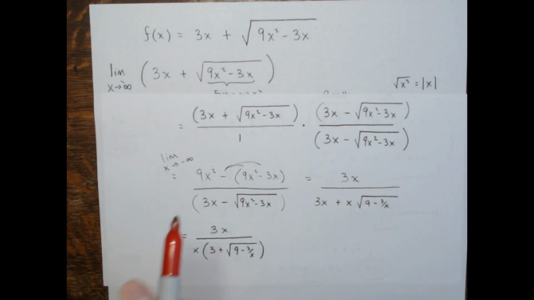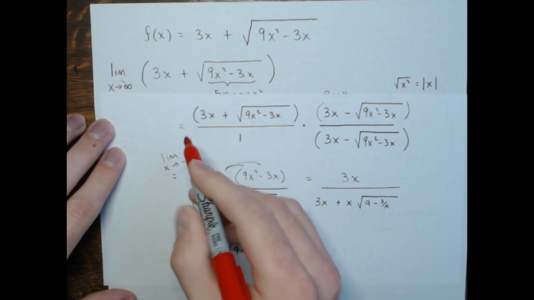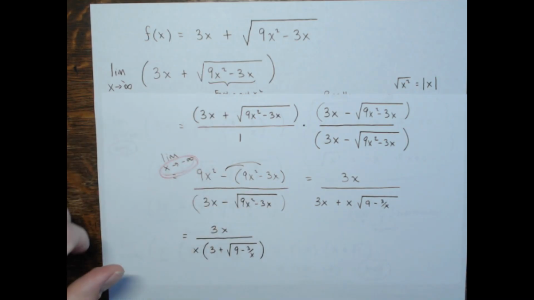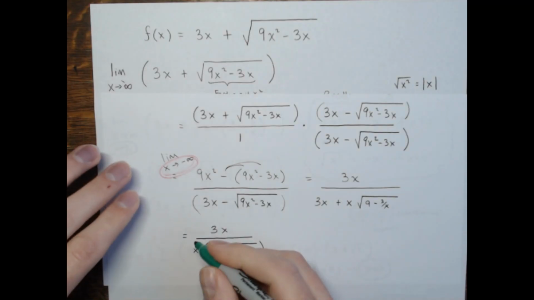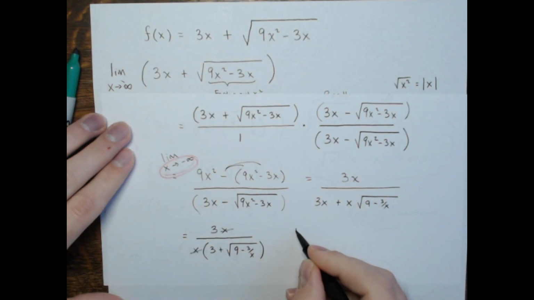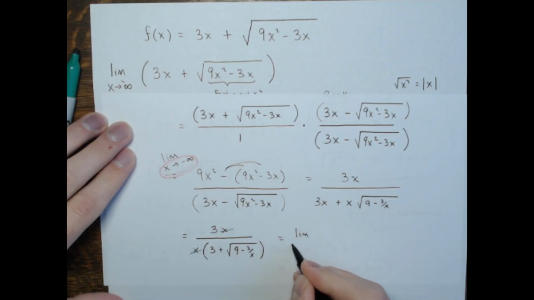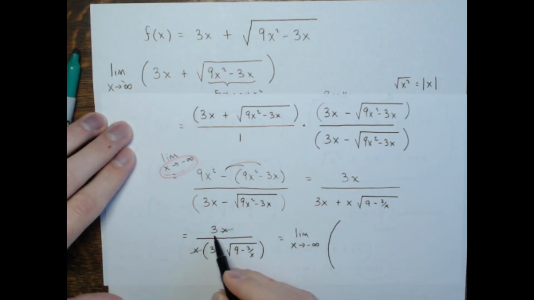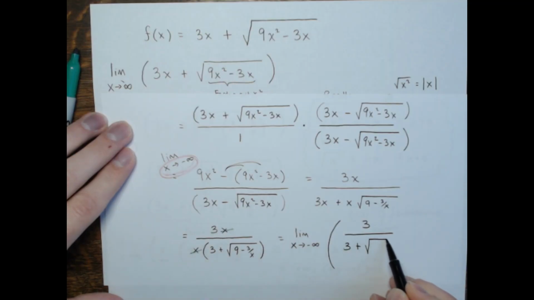And now, since x is not 0, x is approaching negative infinity, so clearly not 0, these will cancel. And now we're taking the following. Sorry, I should be writing the limit every time. Now we're taking the limit as x approaches negative infinity of this expression, 3 in the numerator over 3 plus the square root of 9 minus 3 over x.